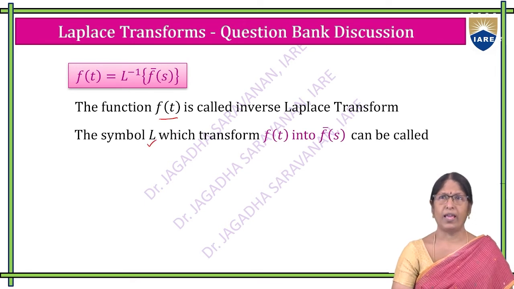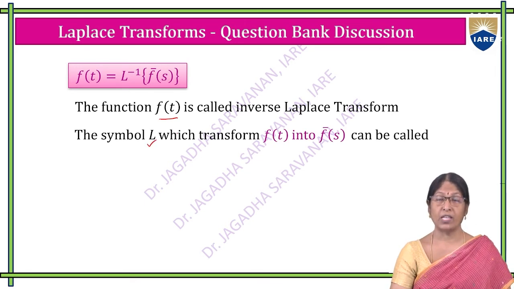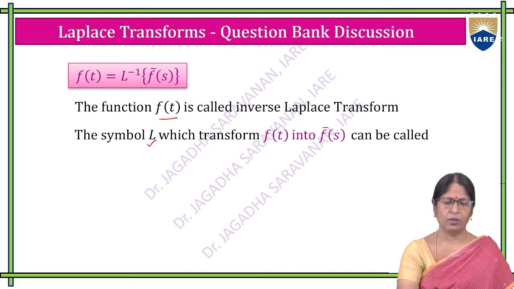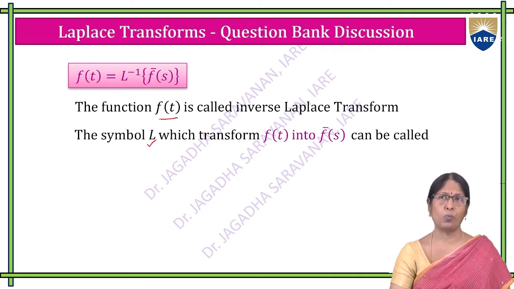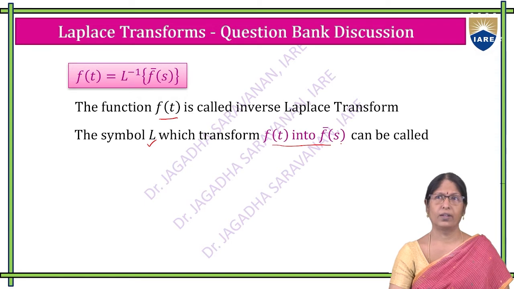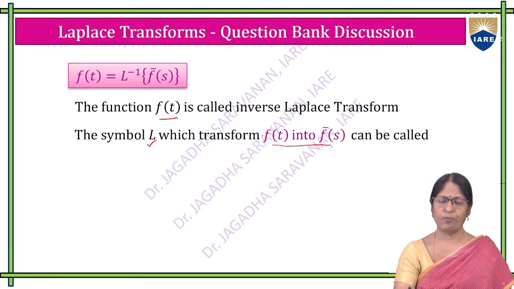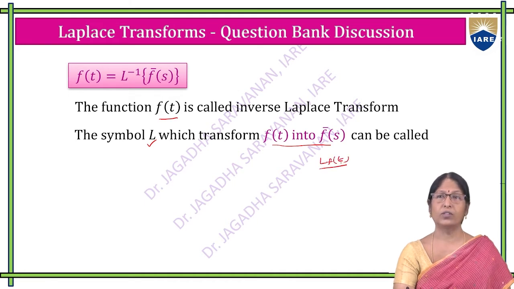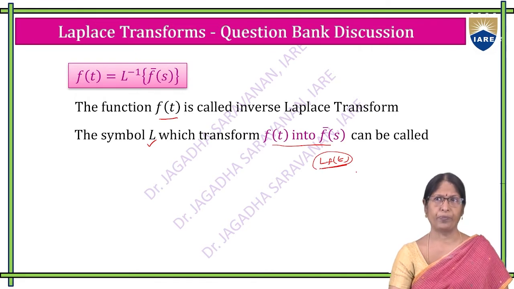The transforming work is taking place using this Laplace operator capital L. That is, f of t is transformed to f bar of s; f bar of s is nothing but L of f of t. This is to be noted and remembered forever.